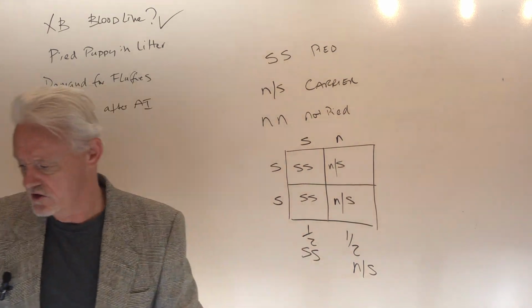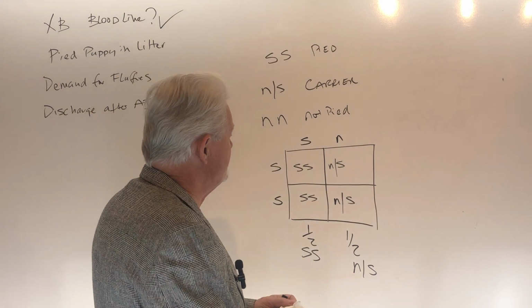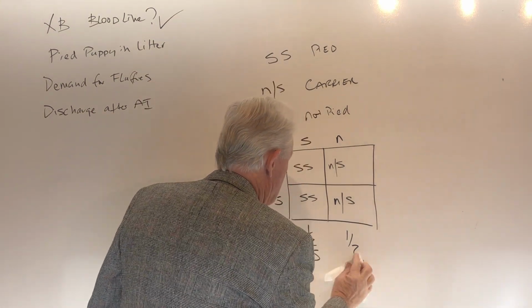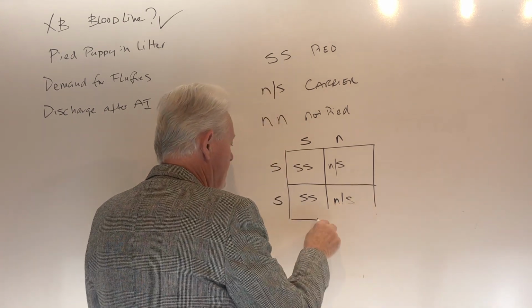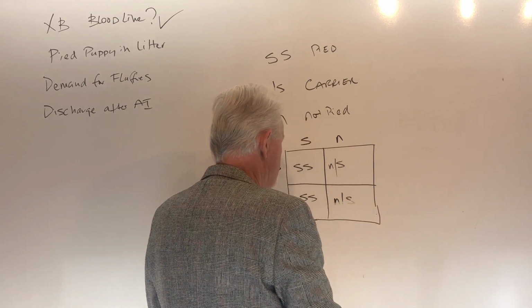See if you can read that on the screen. Oh yeah, that's visible. Good. So in that situation, a pied carrier with a pied, you get 1/2 pieds, 1/2 pied carriers. And remember, this is statistical in nature, so it doesn't mean you're going to get exactly that every time. But on average, if you did enough litters, you would.